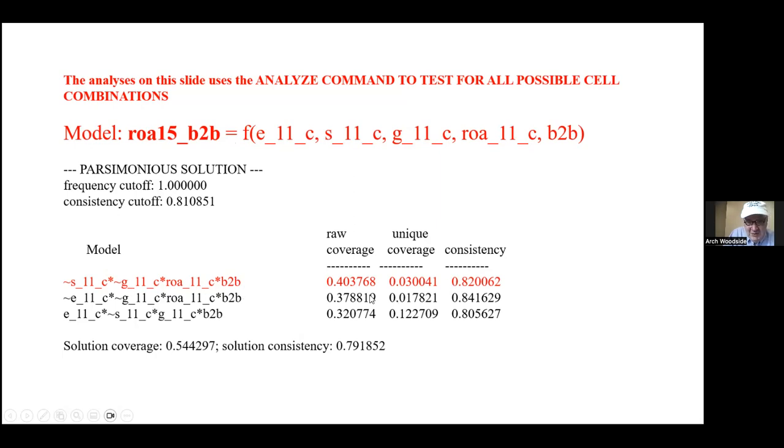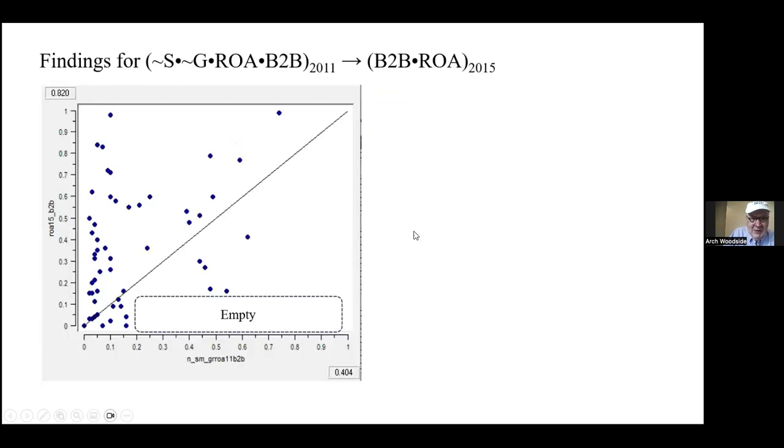We're going to take the first one, which is the negation of S, negation of G, and high ROA for 11, just B2B firms. The consistency is 0.82. And we can actually diagram that. Here's a diagram of it, and we're above the benchmark.